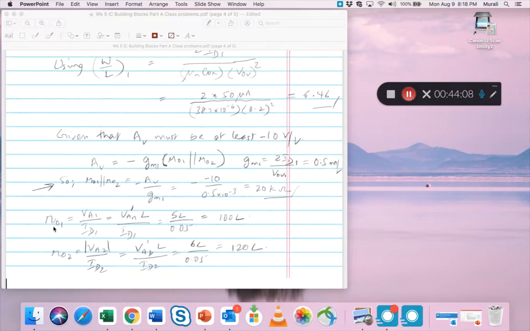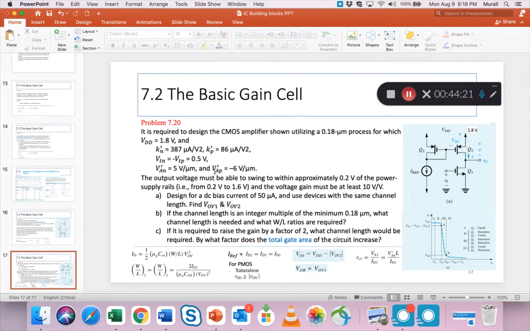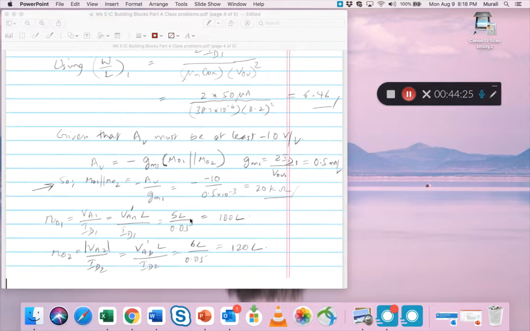Now RO1 is this, use this formula, which is this VAN prime is given as 5 and minus 6, right? These two values are given. So using that, you can write RO1 is 100L, RO2 is 120L.